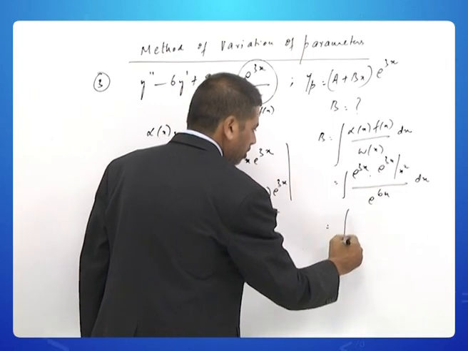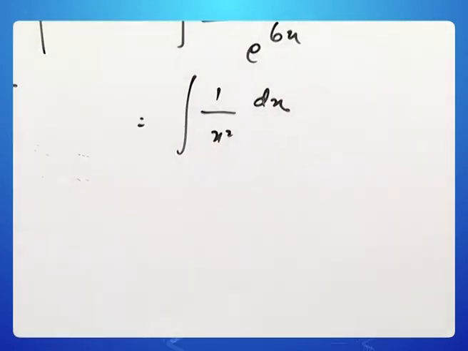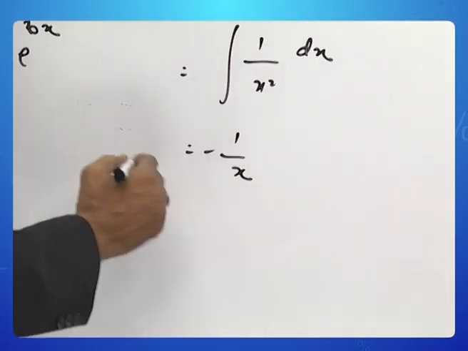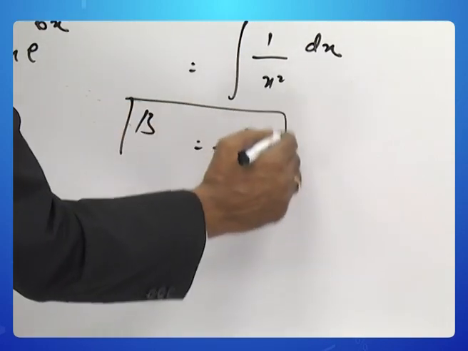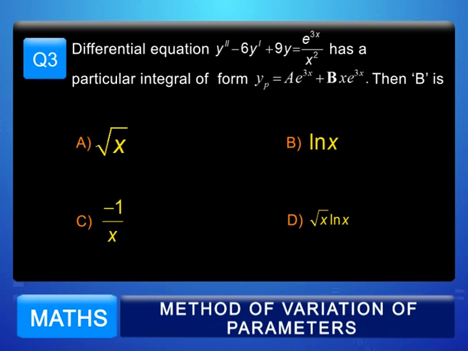If you simplify, you will get the integration of 1 by x squared. The integration of 1 by x squared is minus 1 by x. And this appears as option C in the problem.